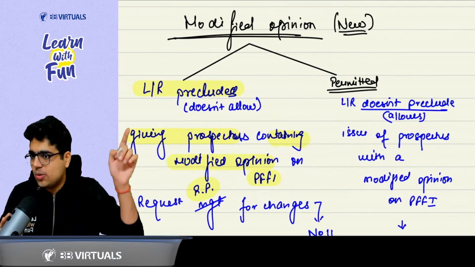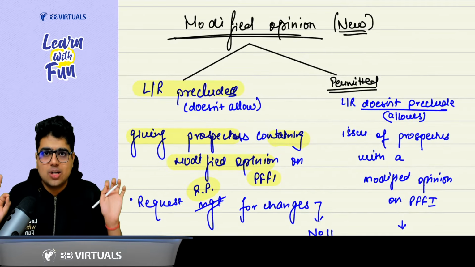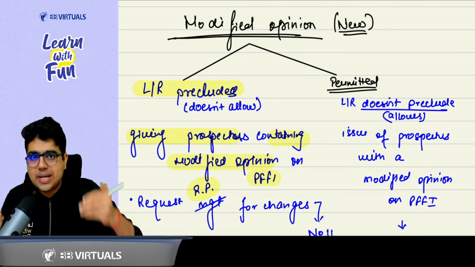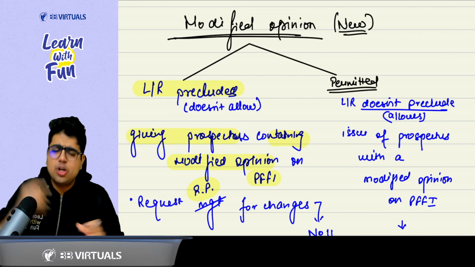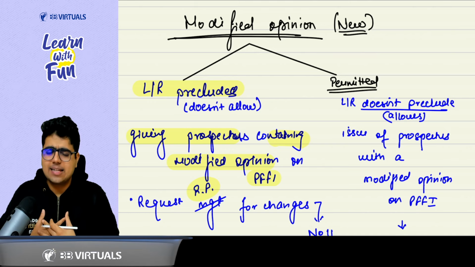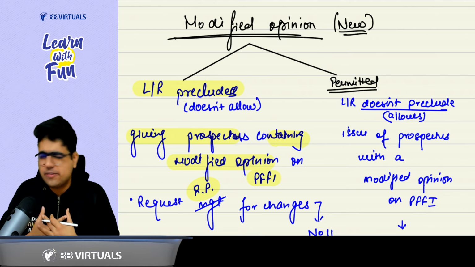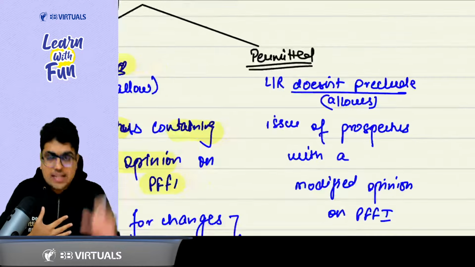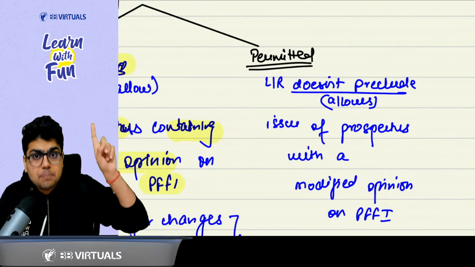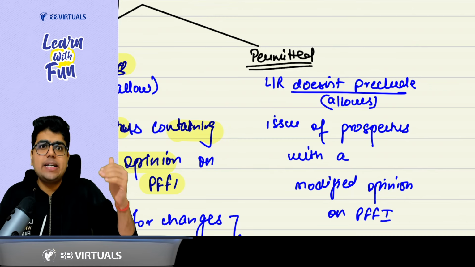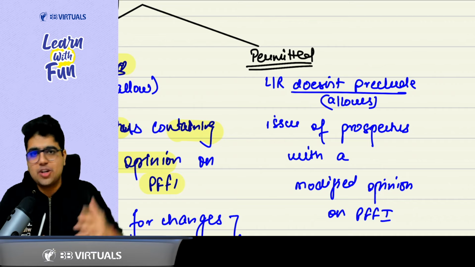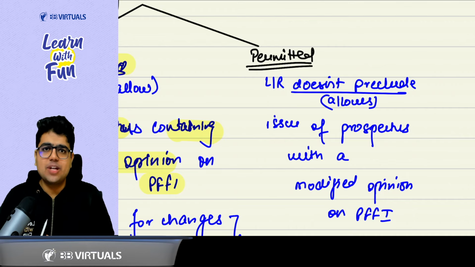If it is not allowed, that means the law or regulation doesn't allow, request the management to make the corrections. If the management doesn't make the correction, then what to do? In that case, either you withdraw from the engagement or take legal advice, whatever is appropriate. If it is permitted, that means a prospectus with a modified report on PFFI is permitted, then you can modify your opinion.